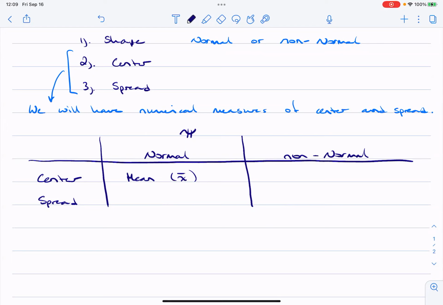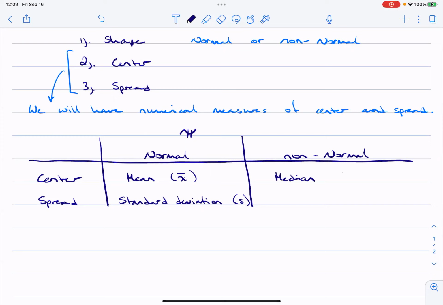And then I'm going to use the standard deviation, for which we use a lowercase s to denote the sample standard deviation. That's going to be our spread. So the mean and the standard deviation, they're buddies and they hang out all the time. If you're using the mean, you're going to use the standard deviation and vice versa. Same with the non-normal distributions, but then we're going to have to use what we call the median.